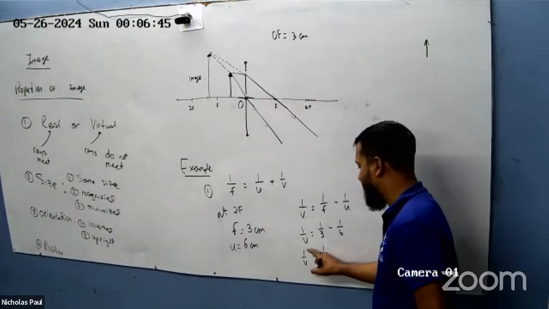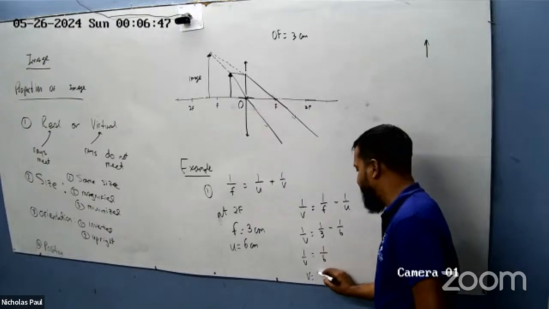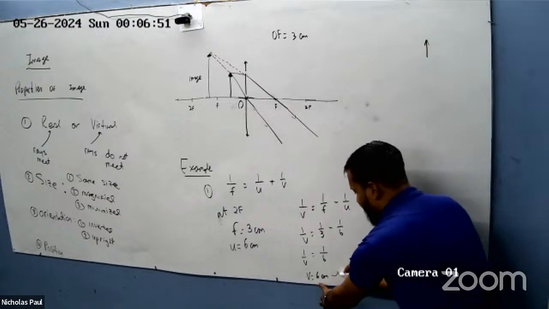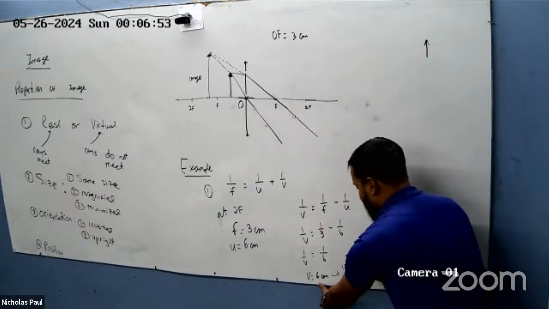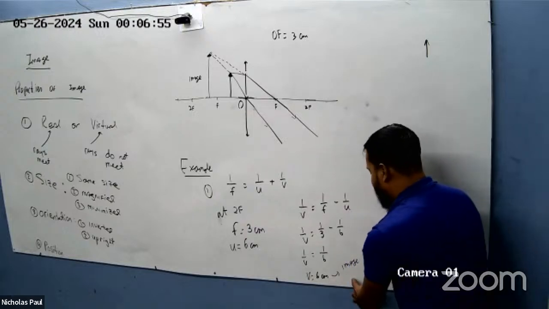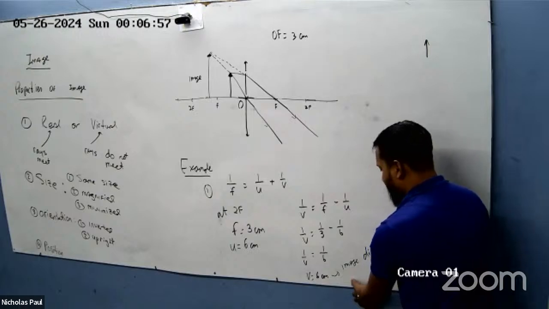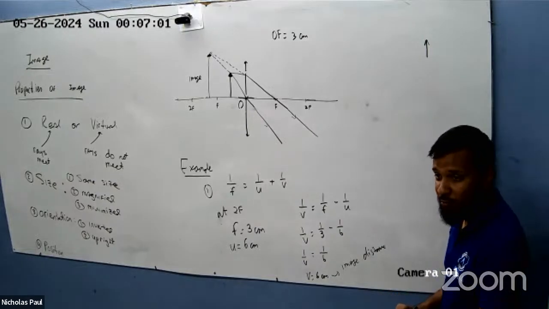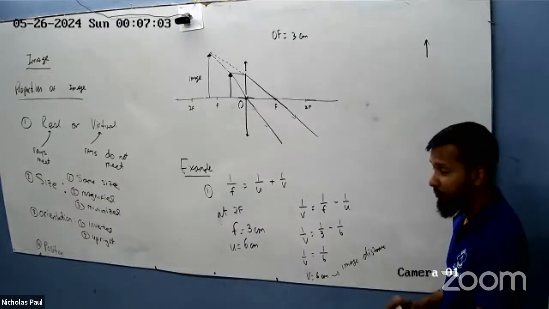And then you have to flip it over. So you'll get V is 6 centimeters. What does this say? This says where the image is. The image is 6 centimeters from the lens. That's true? Yeah, very good.